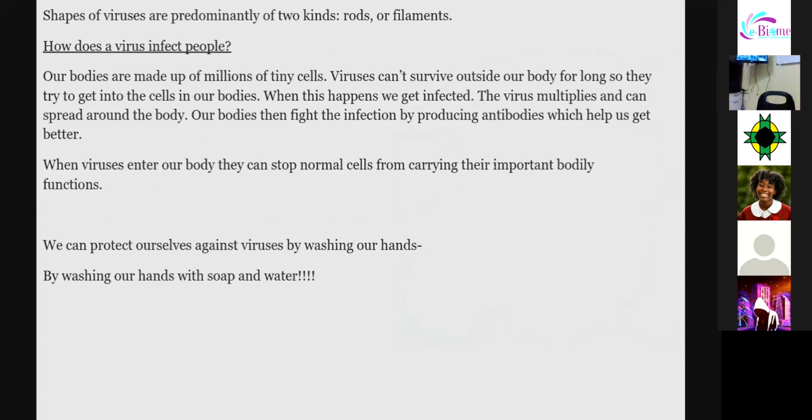So let's look at how viruses infect people. Our bodies are made up of millions of tiny cells. Viruses cannot survive outside of the body for long, so they try to get into the cells in our bodies. When this happens, we say we get infected. The virus multiplies and can spread around the body.